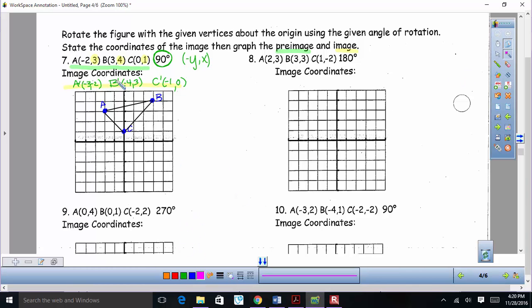Now let's do A prime, B prime, and C prime. So A is at negative 3, negative 2. B is at negative 4, 3.